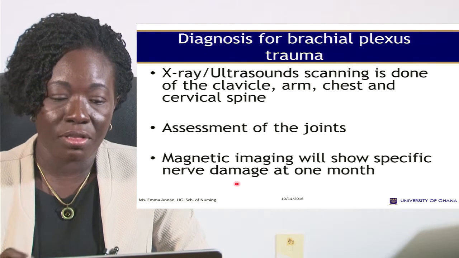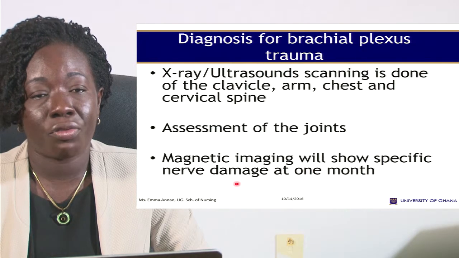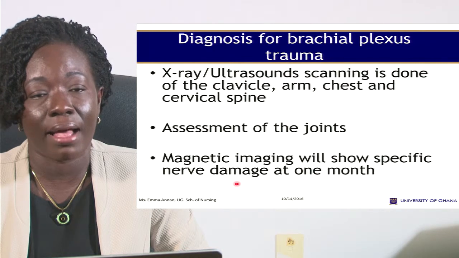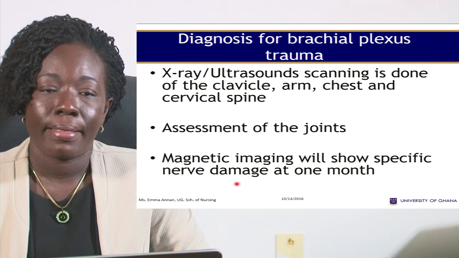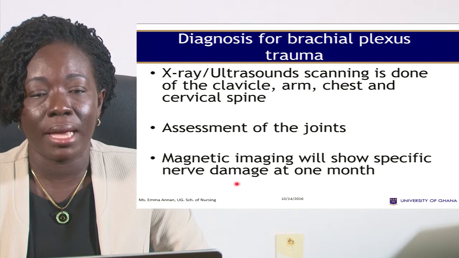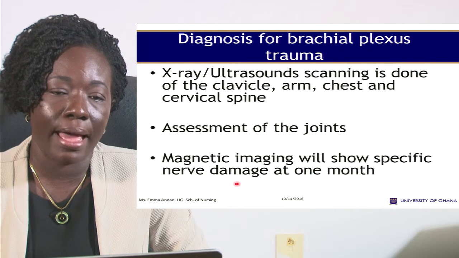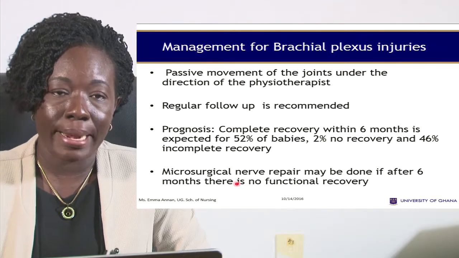How do you diagnose brachial plexus injury? X-ray scanning of the clavicle, the arm, and the cervical spine. You can also do assessment of the joint. Then magnetic imaging will also show specific nerve damage at 1 month. How do you manage?